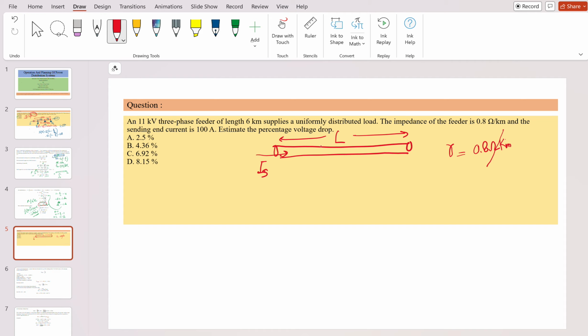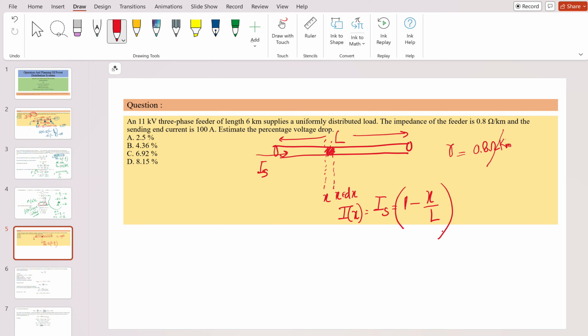Suppose at a distance x, and a small distance x plus dx. We want to find the current flowing here. We already know that the current at a particular distance x is Ix = Is(1 - x/L).